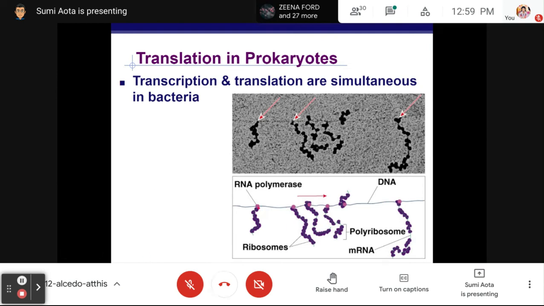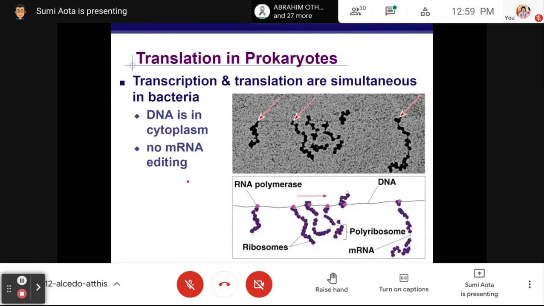So each one of these purple dots is translating at the same time the RNA polymerase is transcribing the messenger RNA, which makes this system a heck of a lot faster than what occurs in us.